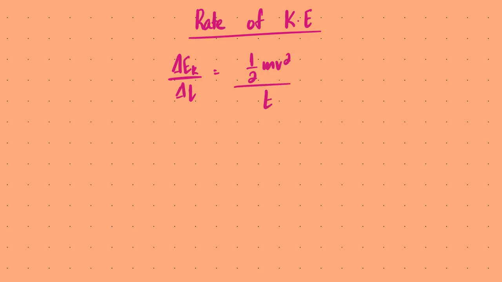So sometimes the examiner gives you, again in this case as well, a mass rate question. It would say that every second 5 kg of, let's say, water is accelerated from such speed to such and such speed. So find the rate of increase of kinetic energy. In that case, it's basically given you m over t, which is m dot. So I can write that as half m dot v square.